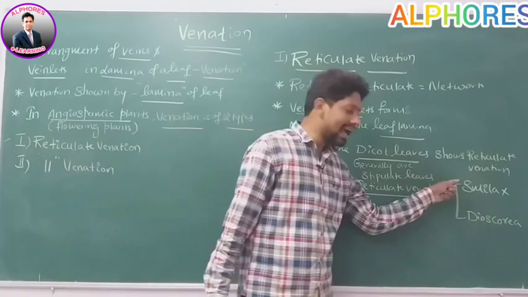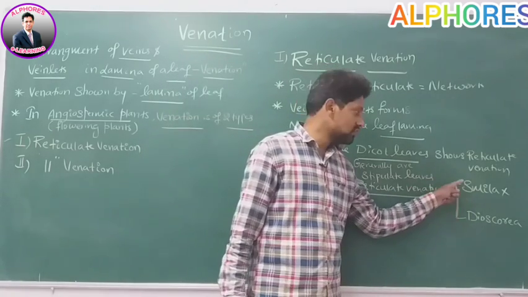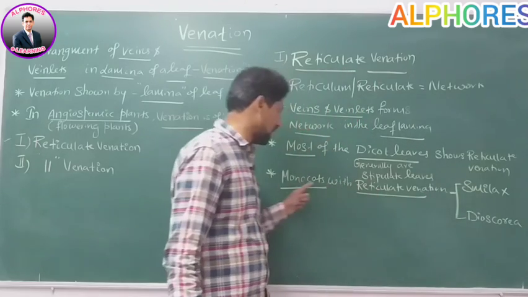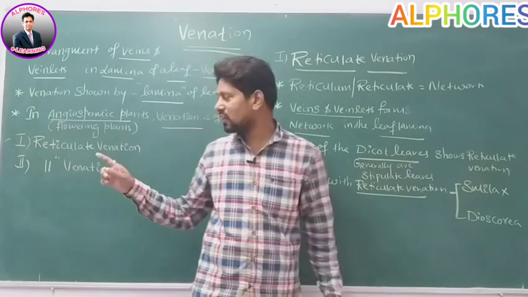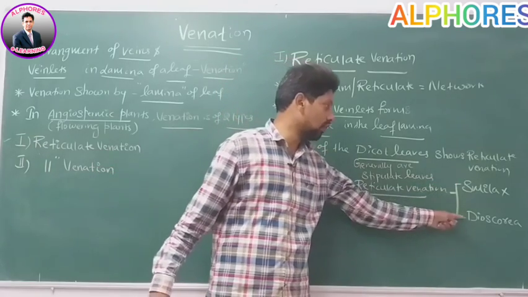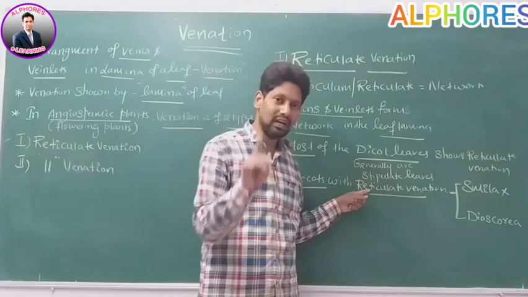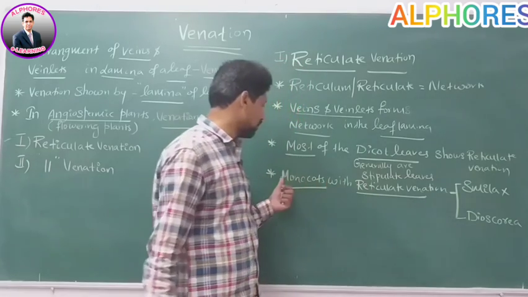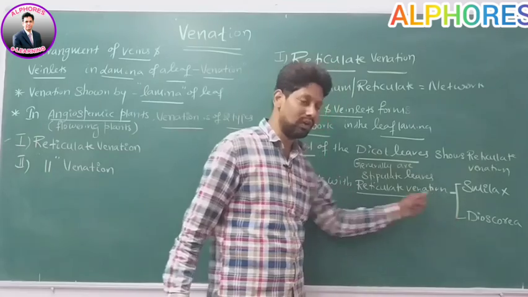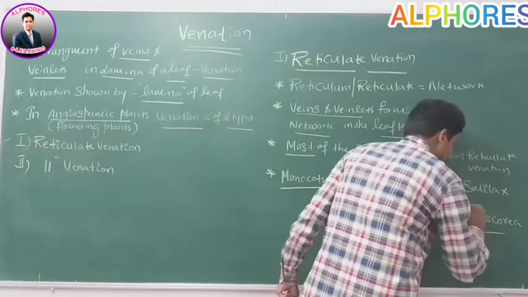Therefore, Smilax and Dioscorea, these two are dicots or monocots? These Smilax and Dioscorea are monocots. Monocots should show which venation? Parallel venation. But these two are monocots which show reticulate venation. Therefore, monocots with reticulate venation. Examples, Smilax and Dioscorea.